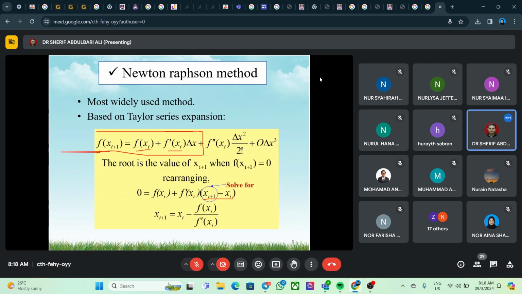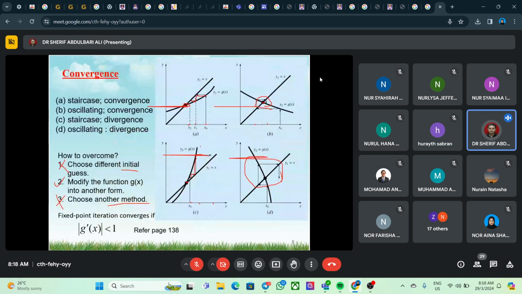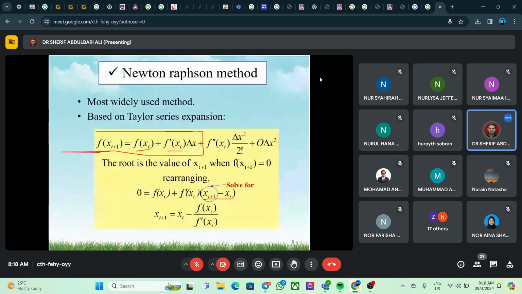If we are going now to rearrange, remember that for simple fixed point, what we need to find is x i plus 1. So if I rearrange this equation to put x i plus 1 on the outside, x i plus 1 will be equal to the initial value of x minus the function over the first derivative of the function.